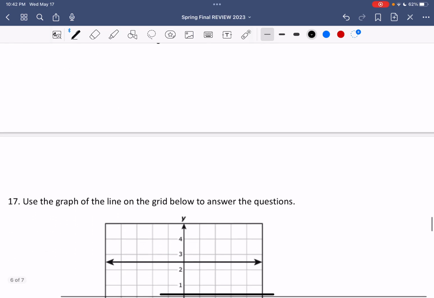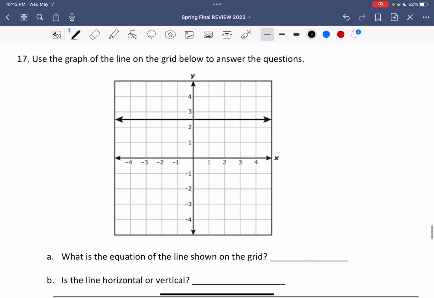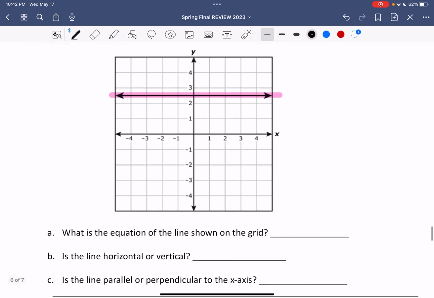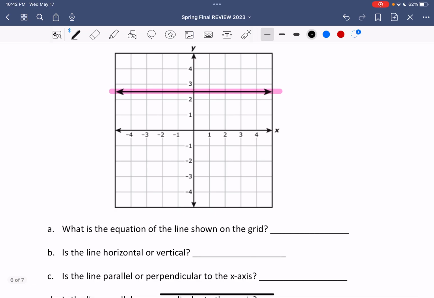All right. Number 17 says use the graph of the line on the grid to answer the following questions. Okay, so here is your line. All right, so what is the equation of the line shown on the grid? So when your line is horizontal or vertical, it is always the equation of the axis it passes through.